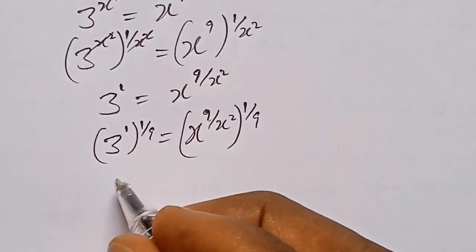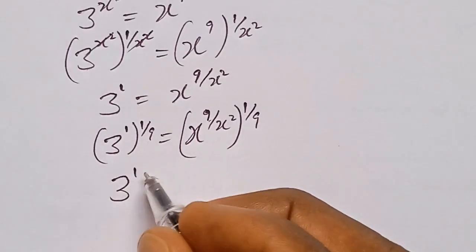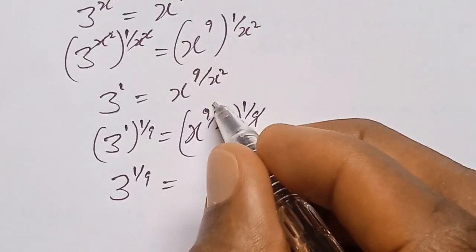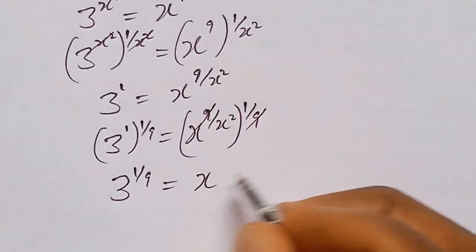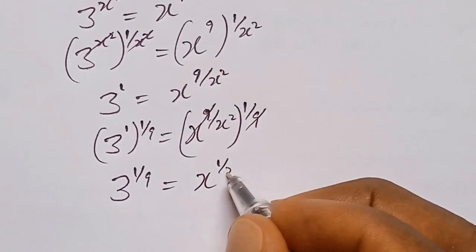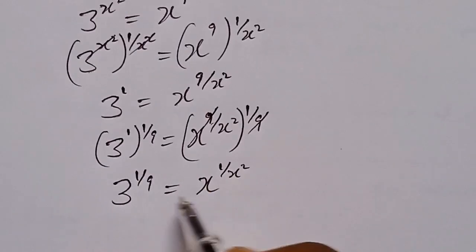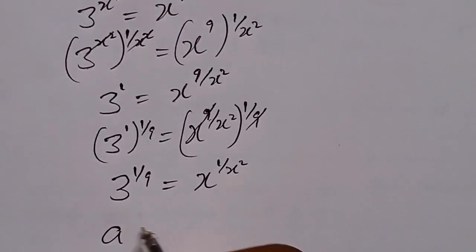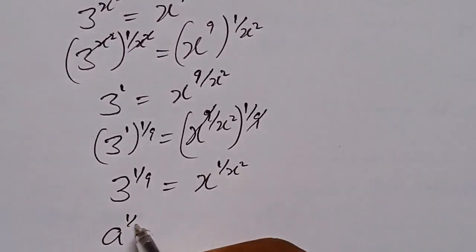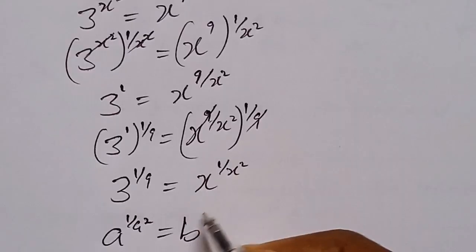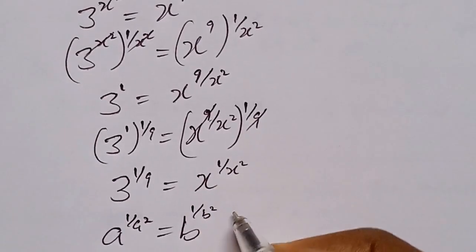So here we have 3 to the power of 1 over 9 equal to, this 9 we cancel out with this 9, so we have x to the power of 1 over x squared. Having gotten to this stage, from this expression, we consider this: base a to the power of 1 over a squared equal to base b to the power of 1 over b squared.